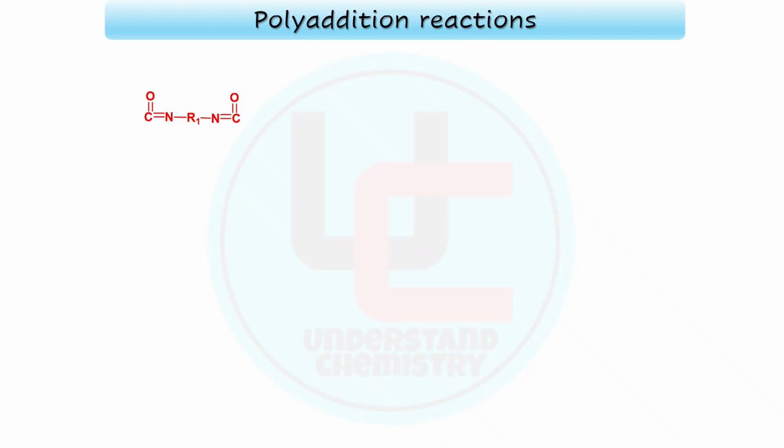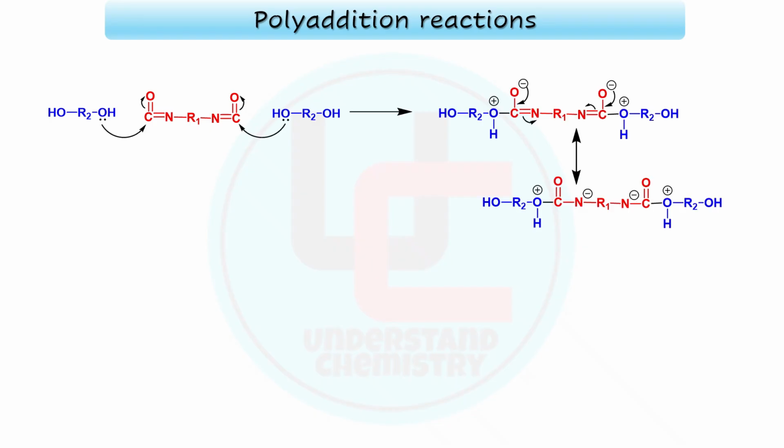In the synthesis of polyurethane, a diisocyanate which contains two isocyanate groups reacts with a diol that has two hydroxyl groups, and each isocyanate group is attacked by a hydroxyl group in a manner similar to the single molecule reaction.